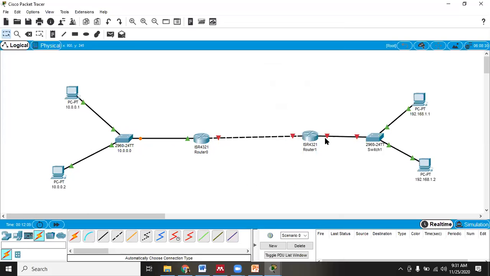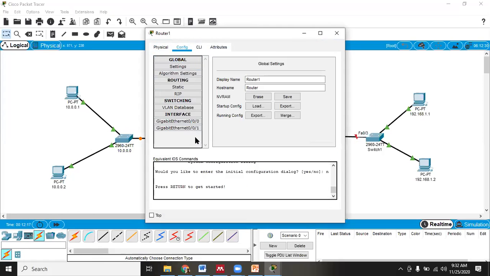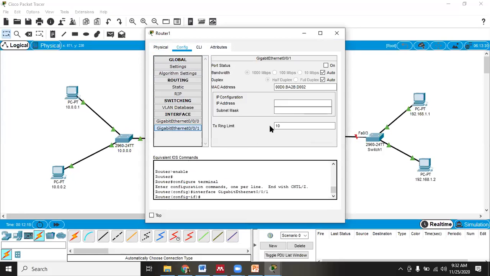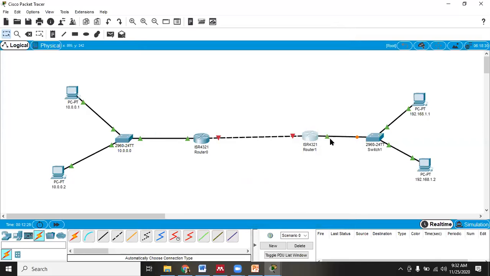Similarly, we will do this for router 1, and first of all we have to check the interface. The interface that we have is 0/0/1, and here we have used the class C IP 192.168.1.3. I am taking it for this one, right?